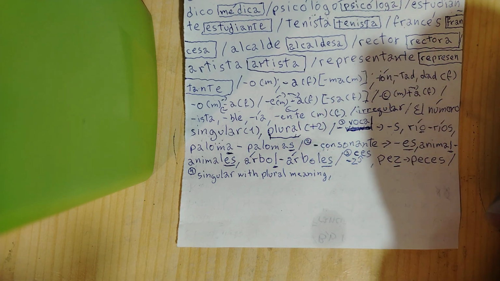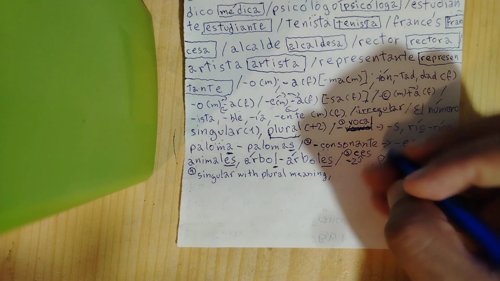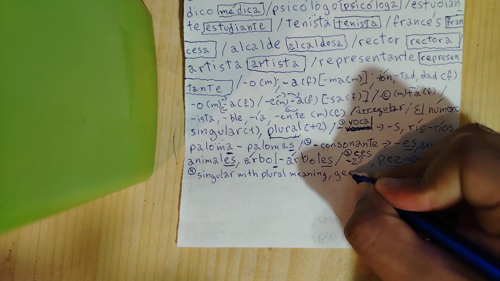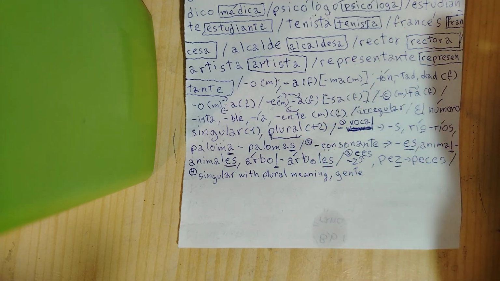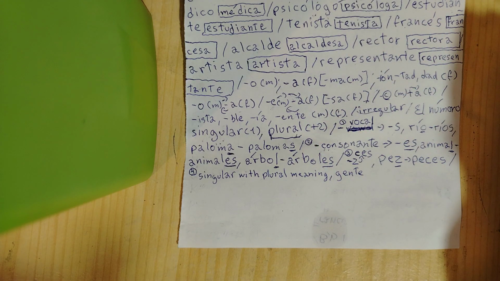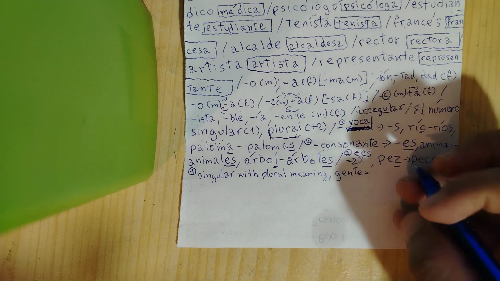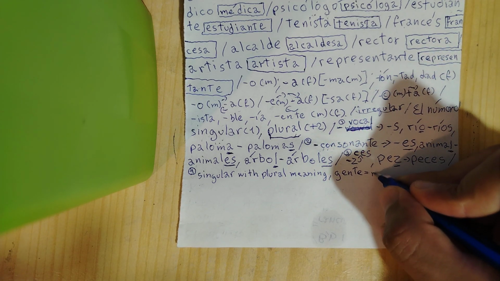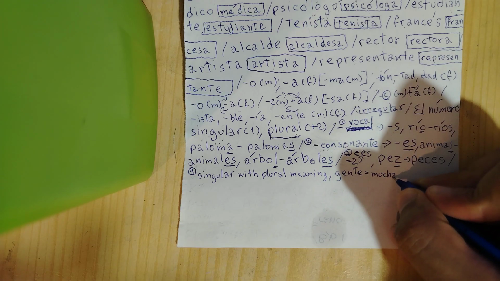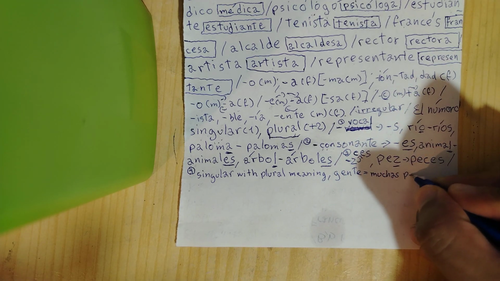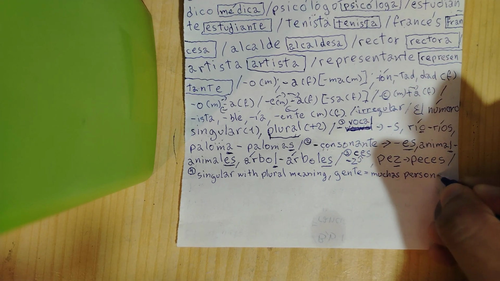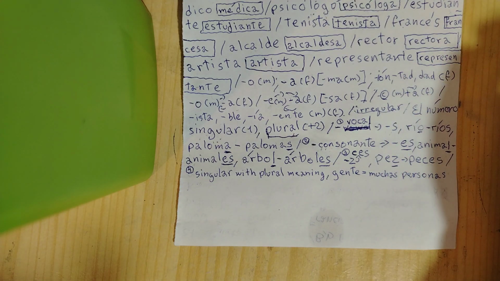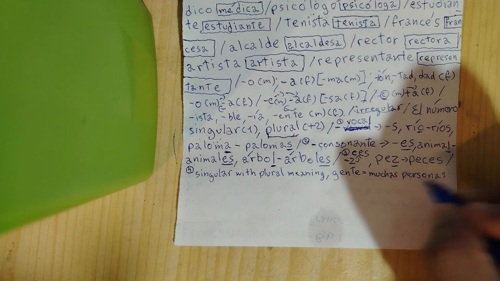Examples: G E N T E, gente. All right, gente. So gente means muchas personas, right? Muchas personas. Gente significa muchas personas.